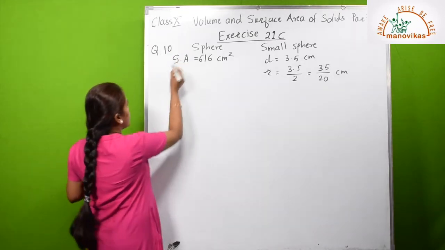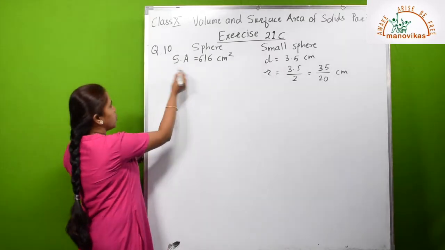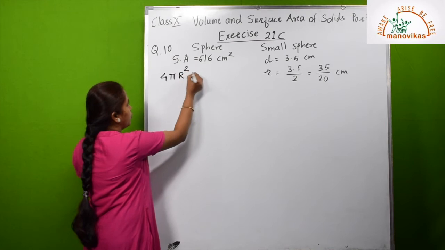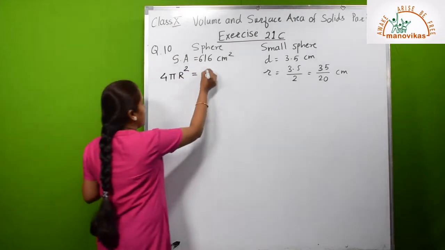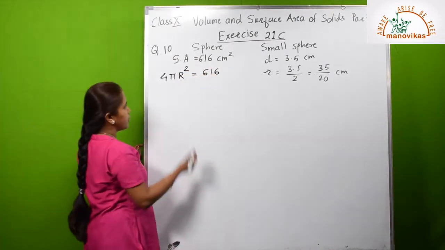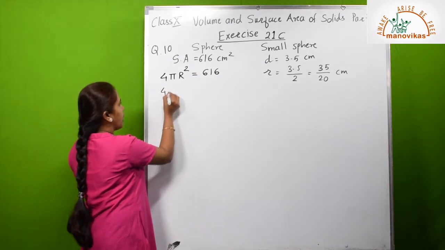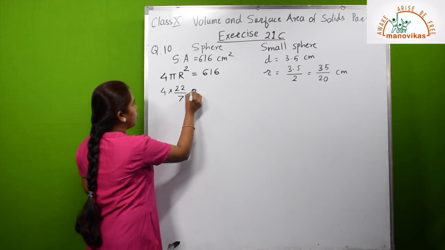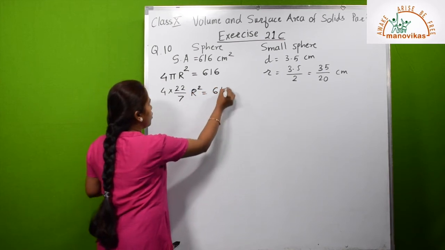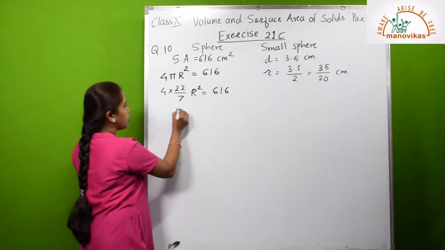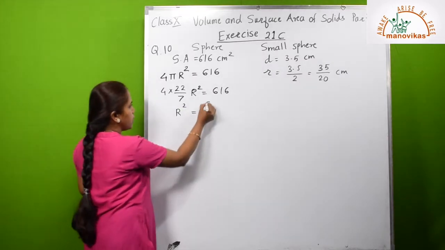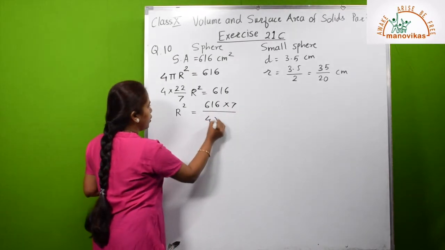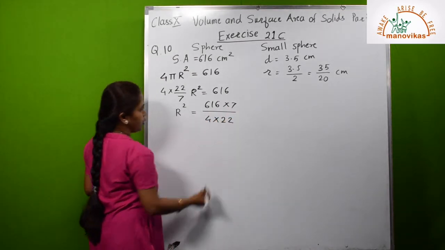So for the big sphere, the surface area is given. The surface area formula we know, 4 pi r square. That value is given, 616. So if you substitute the value of pi, that is 22 by 7, into this, 4 into 22 by 7 into r square is equal to 616. So r square value will be 616 into 7 divided by 4 into 22.